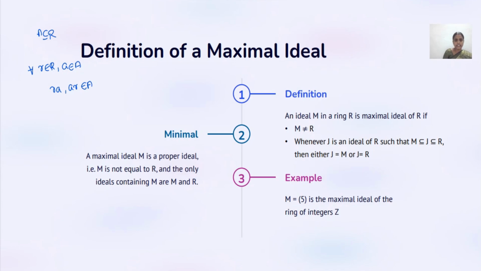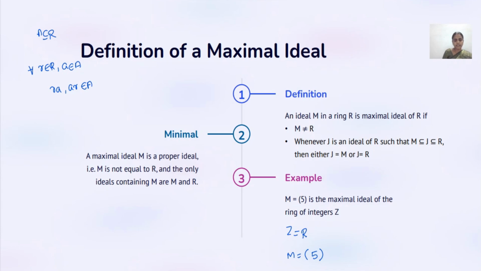Now we take the ring of integers and the ideal which is generated by 5. Now we check whether this ideal is a maximal ideal. It is very clear that M generated by 5 is an ideal, because the ring of integers is a group under addition.